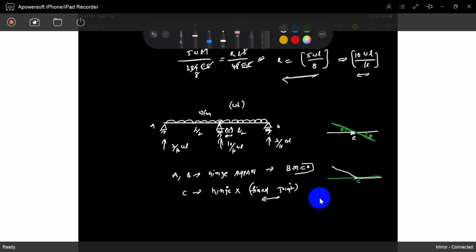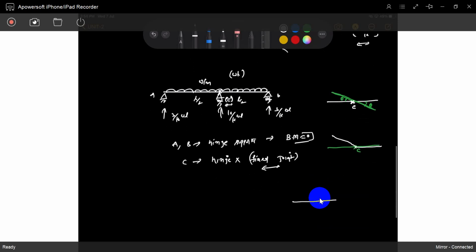If I give a deflection diagram, if some load is there, how will it deform? It will deform like this. Understood?